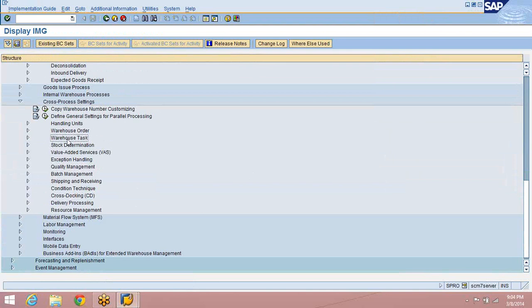But there is a difference here: you can pull up the warehouse task across several deliveries and group them together in the warehouse order. Whereas in WM that's not possible, so generally you'll have it on the same delivery. You can't mix and match the TO items across deliveries based on your needs.